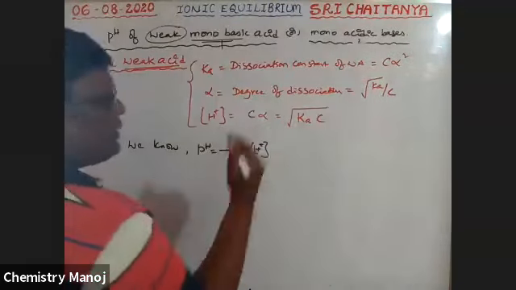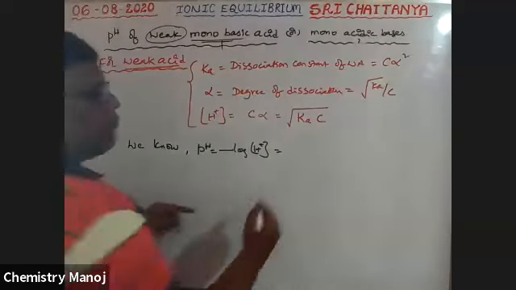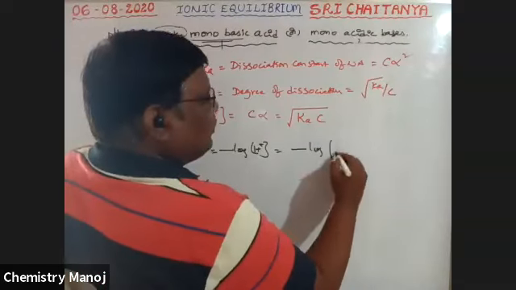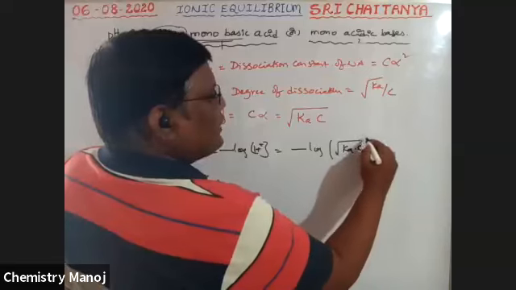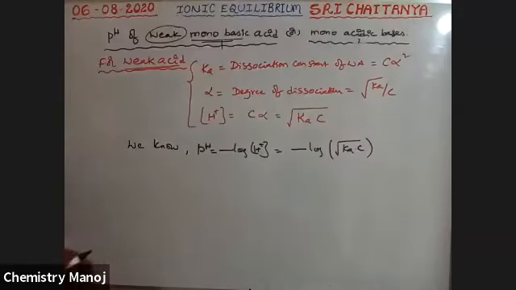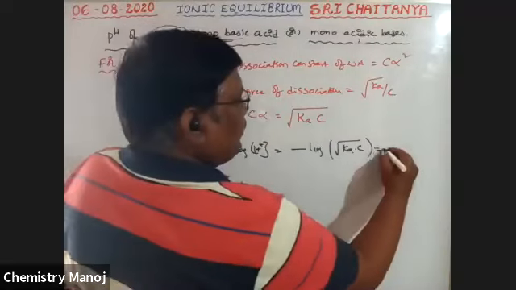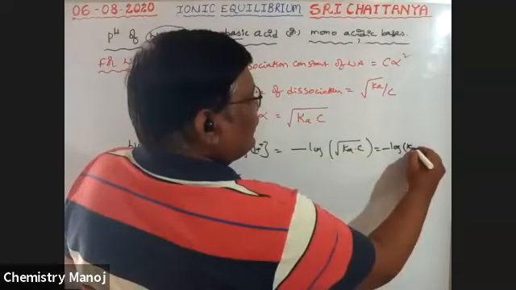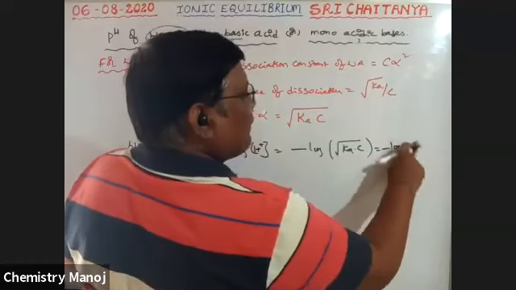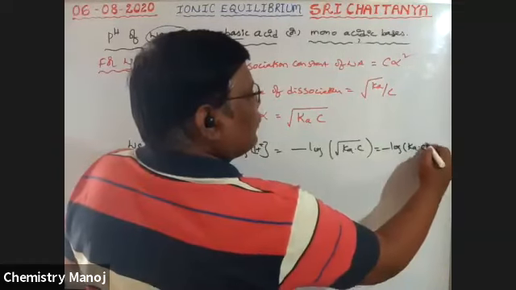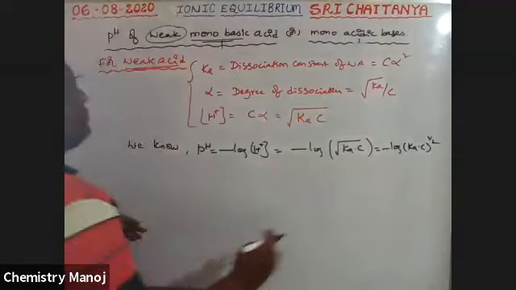But H plus concentration is root Ka into C. That implies minus log root Ka into C, which is equal to minus log of Ka into C whole power 1 by 2.